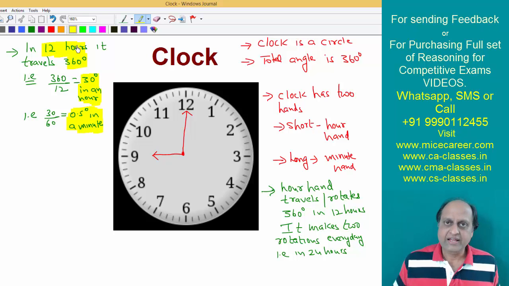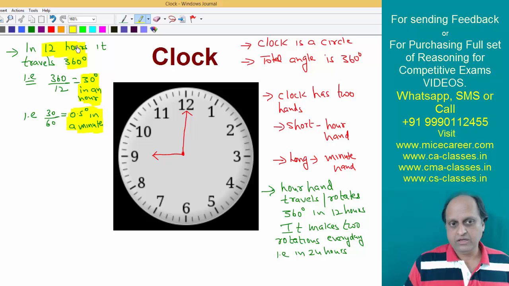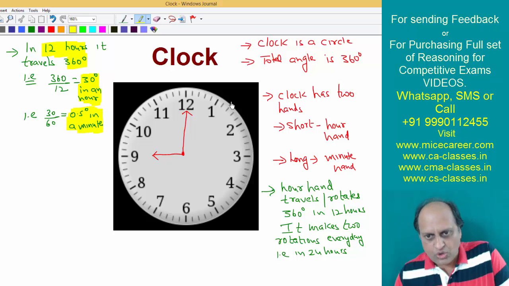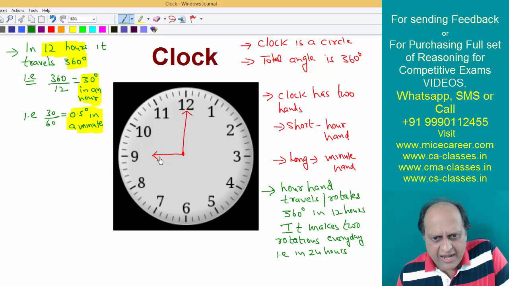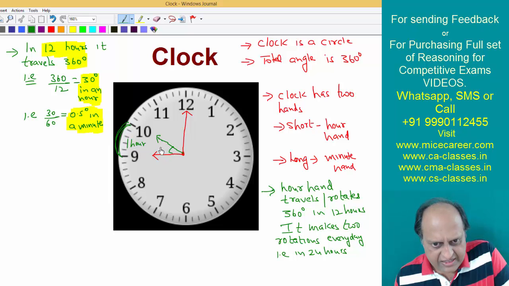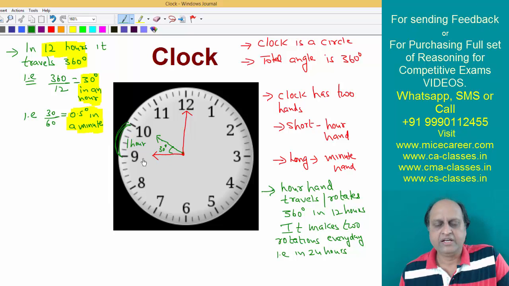In 1 hour, it travels 30 degree. In 1 minute, it travels half a degree. So, from our hand point of view, now this hour hand will point toward 10, that is this part, in 1 hour. And this angle is nothing but 30 degree.